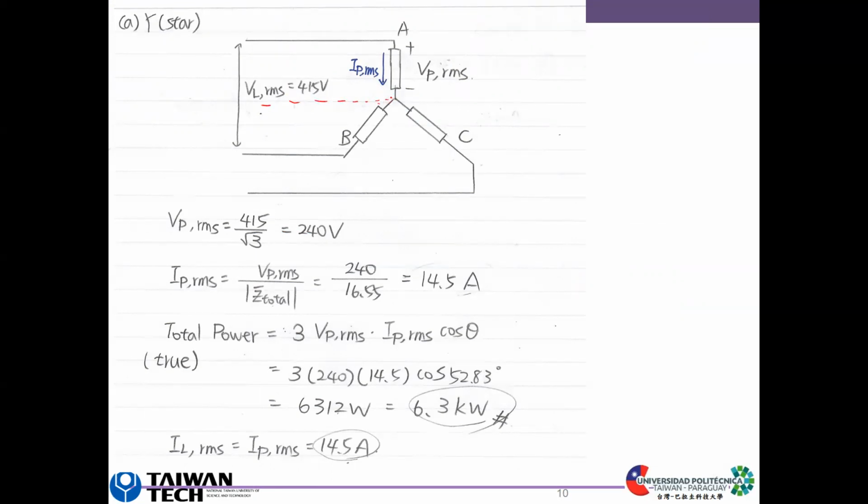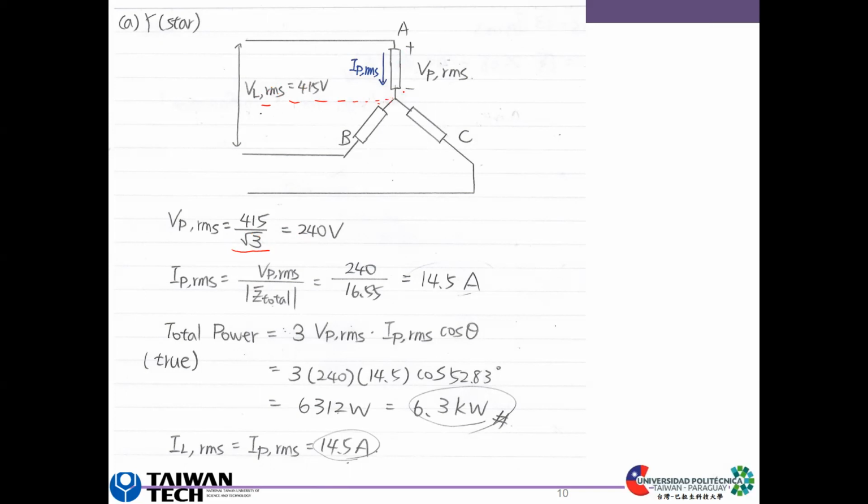For the phase voltage and line voltage, we have this relationship, right? Phase voltage is smaller in Y configuration, so it is VLRMS divided by square root of 3, which is 240 volt.